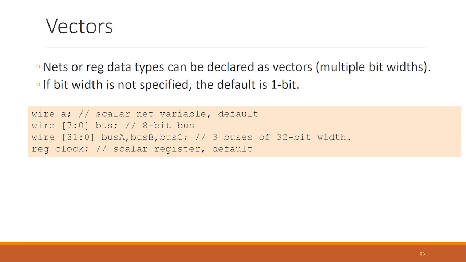So when you just declare a wire or a register with something like reg A, wire A, that is by default created as a 1 bit wire or a 1 bit register.